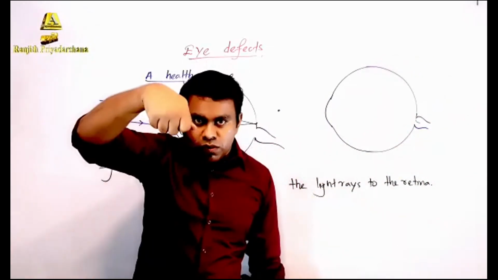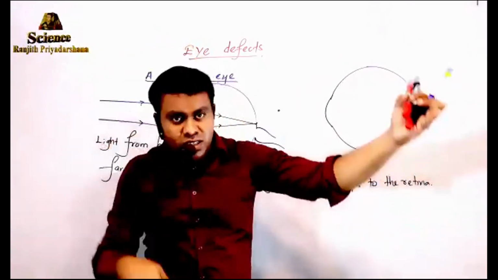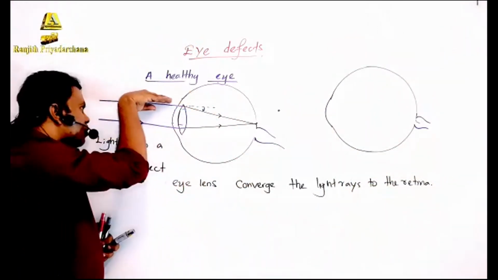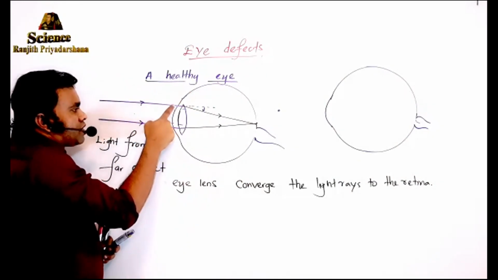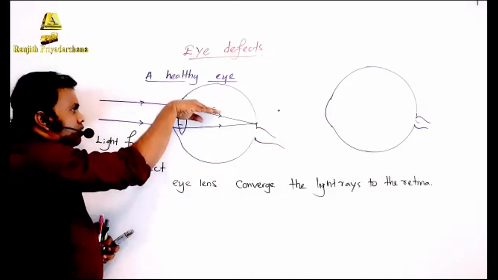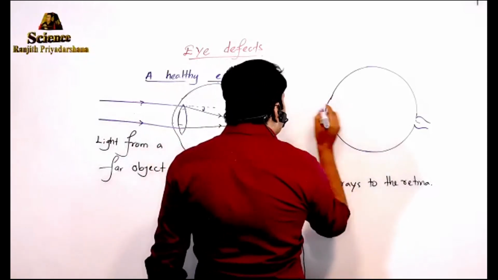If you move up, it also moves down. If you move down this side, it moves up. Likewise, what happens if you move down this light ray that is coming towards the lens? After the refraction, it also changes its direction. But here, what happens?